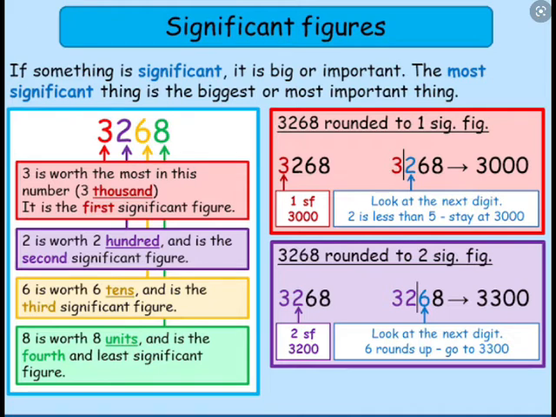This is because you can be certain up to the milliliter and then have to guess at the last digit, the tenth of the milliliter. In general, the significant figures are based on what can be definitely measured plus one digit.